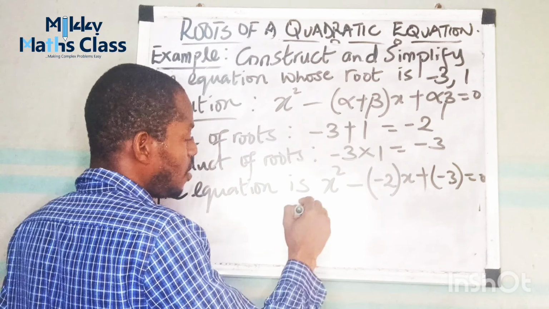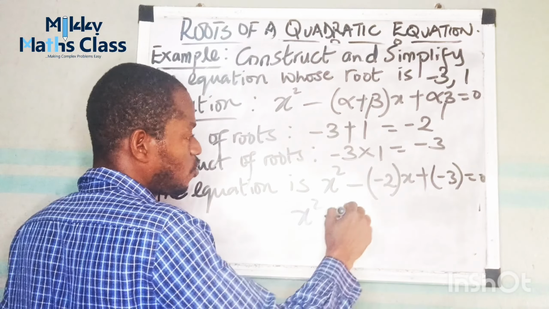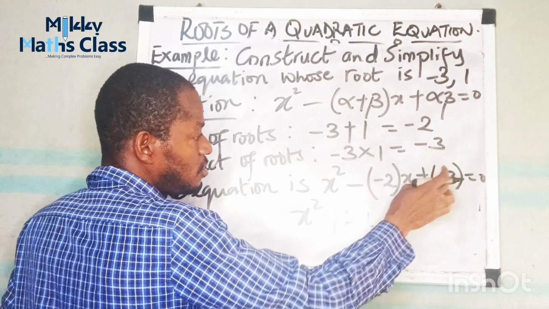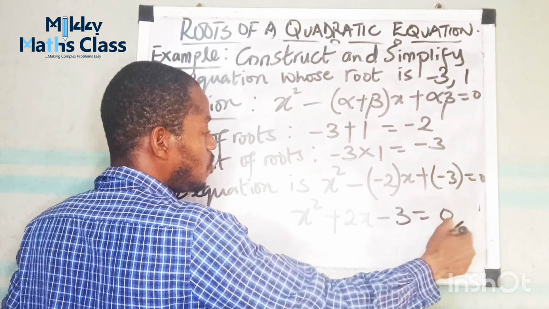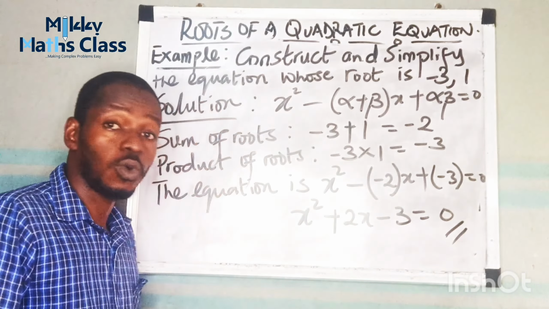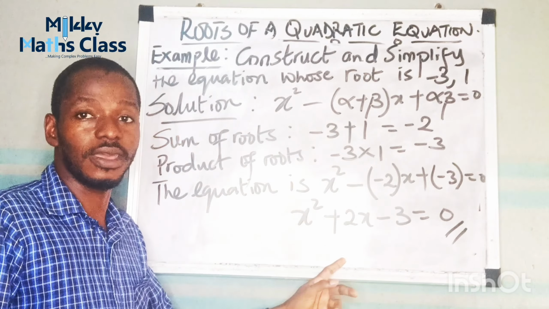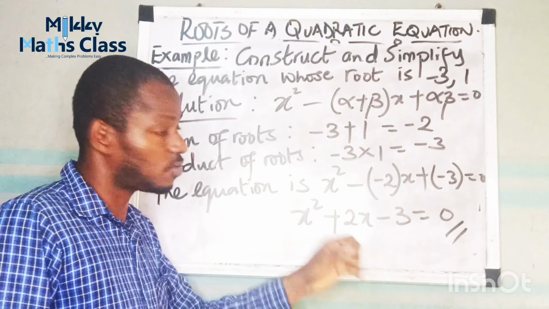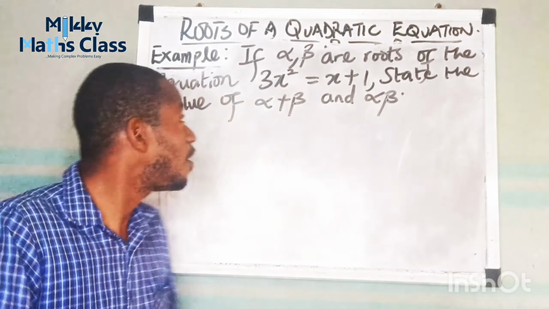This becomes x squared, negative times negative is positive, plus 2x. This times this will be negative, minus 3 equals 0. So this is the quadratic equation that has been required for us to construct: x squared plus 2x minus 3 equals 0.